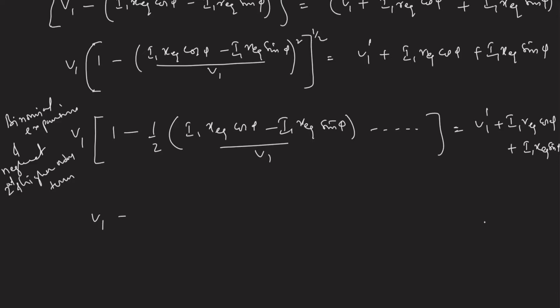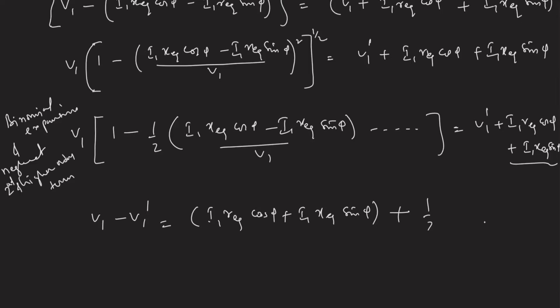V1 is equal to, I can bring out all these terms on V1, and this term I am bringing out to this side. V1 minus V1 dash is equal to I1 R equivalent cos phi plus I1 X equivalent sin phi, minus this, the minus will become plus on this side.